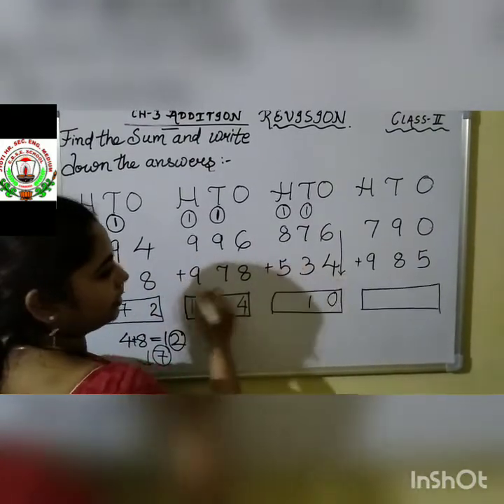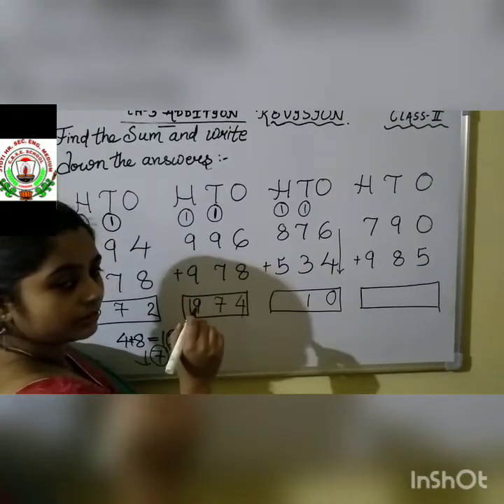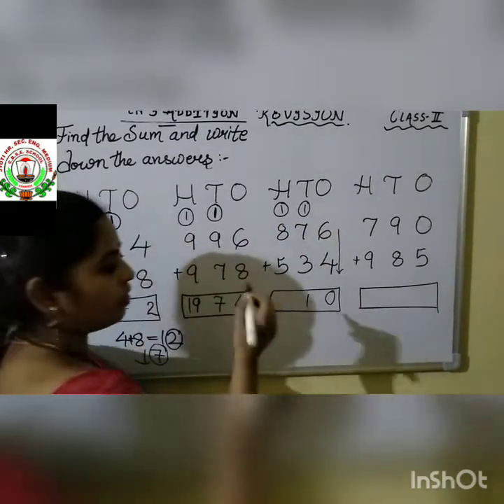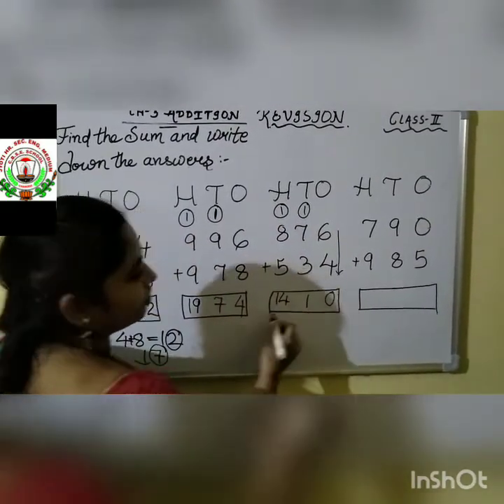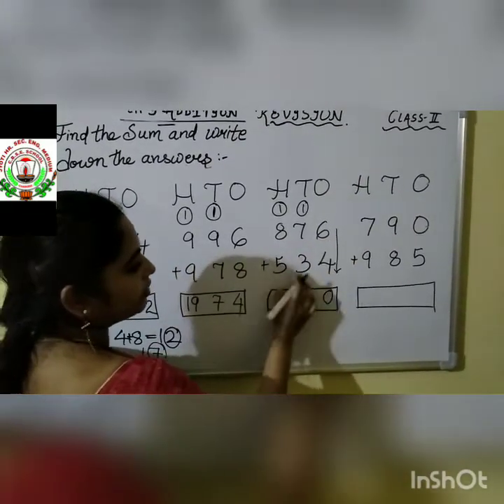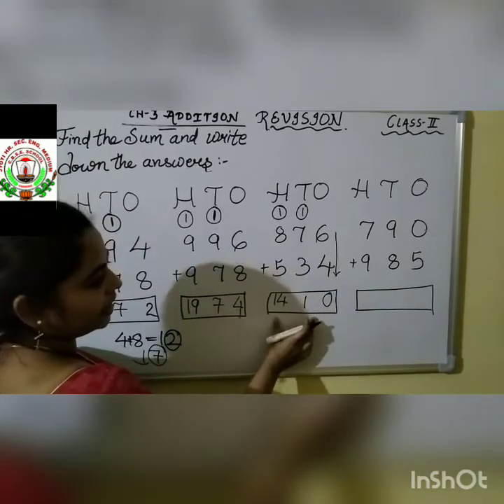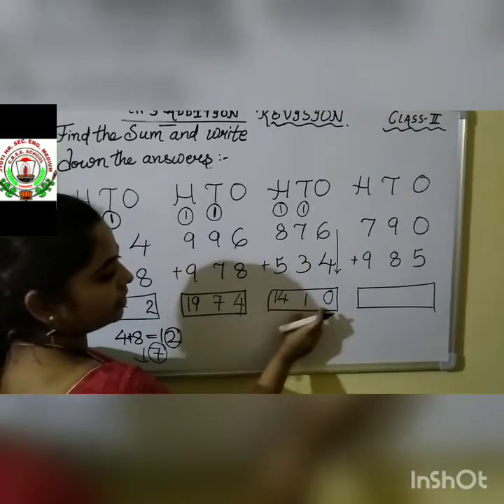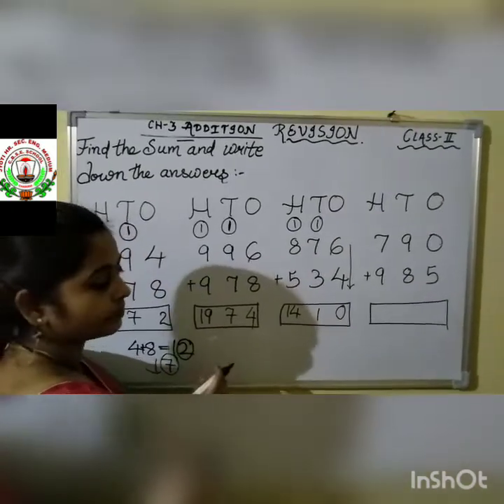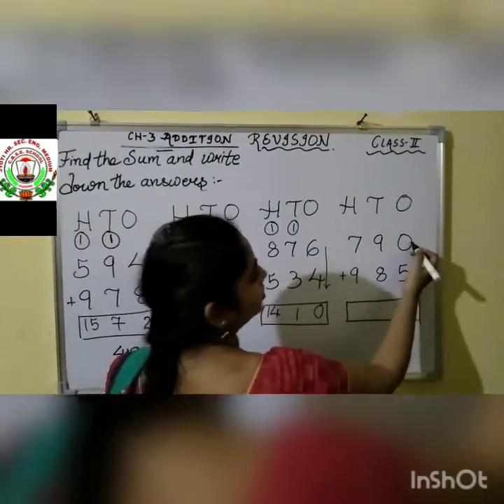Then 8 plus 5, 13. Yes, 13. And we have 1 as carry, so we add 13 and 1. We get the answer 14. Yes. If we add 876 plus 534, we get the answer 1410. Okay.